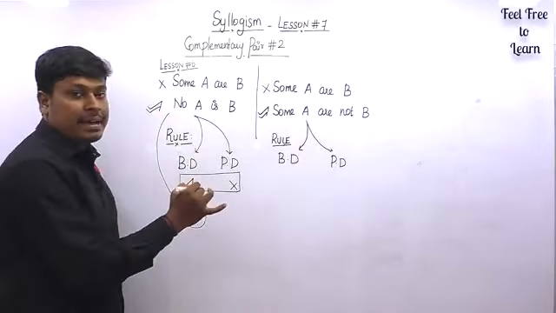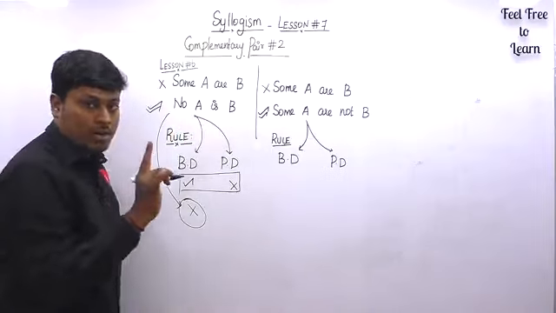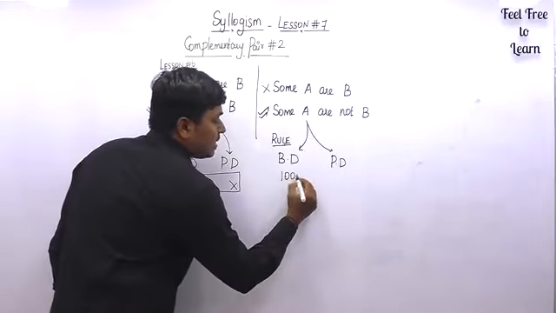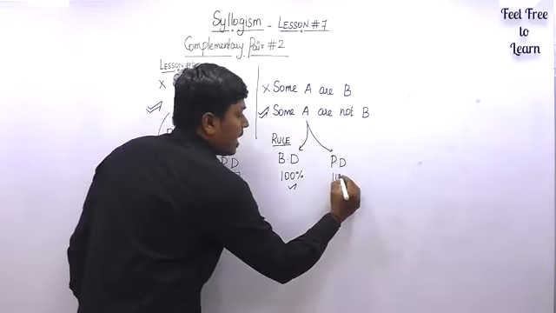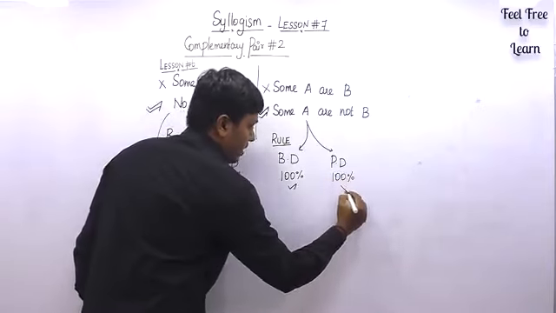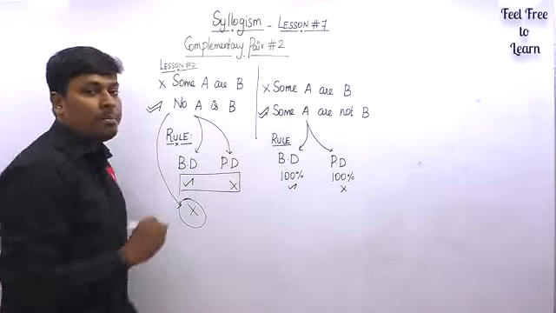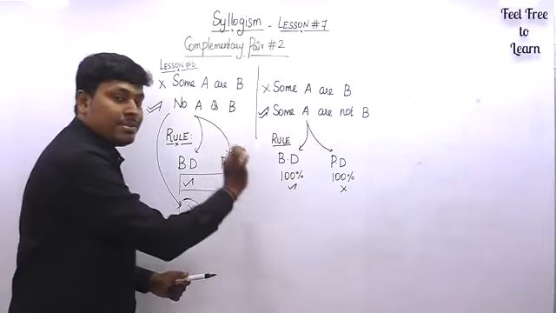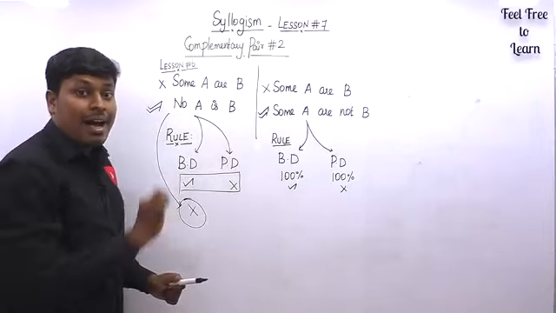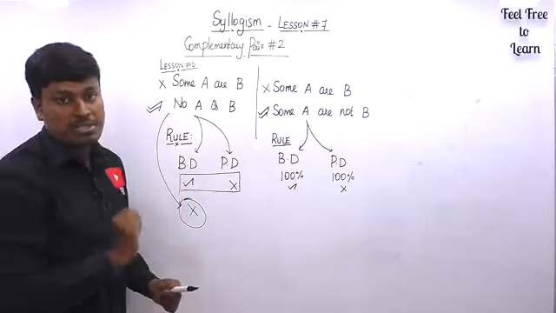In the basic diagram, this "some A are not B" should be 100% true. In the possible diagram, it should be 100% false. Only then should you say it's a complementary pair.